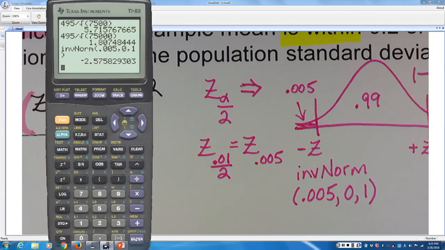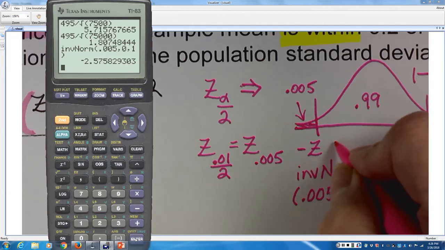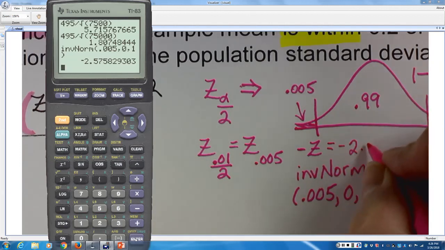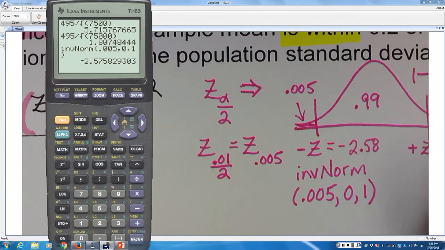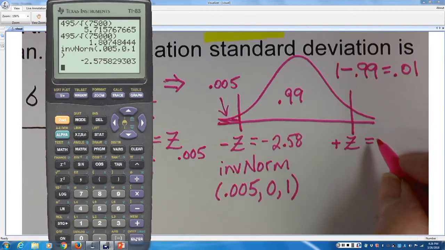And that's negative 2.5758, which we can round off to negative 2.58. That means the positive one is positive 2.58.